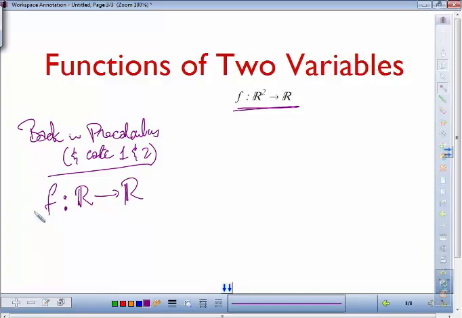F is the name of your function, and it takes a real number, usually denoted by x, and then it sends you to an output, which is also a real number, usually denoted by y. And so the notation that we use is y is equal to f of x.